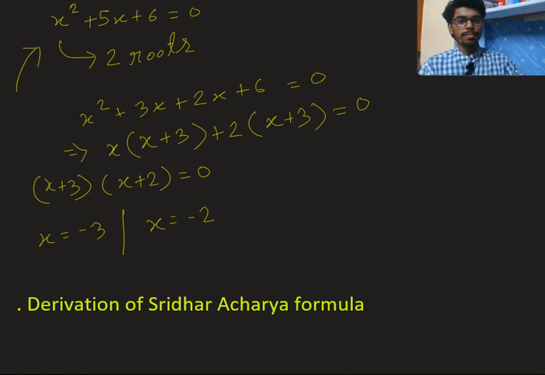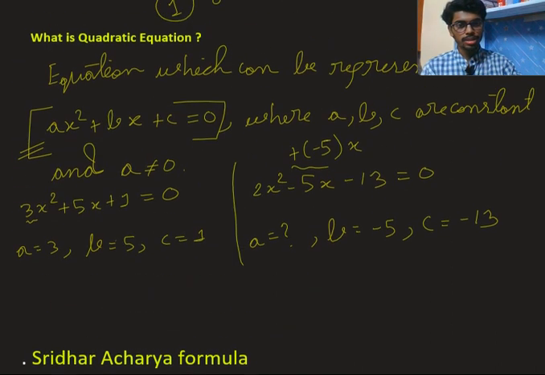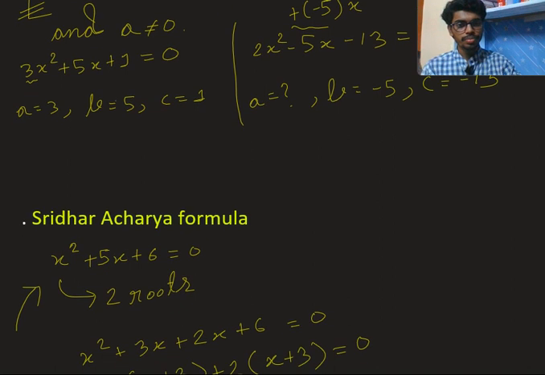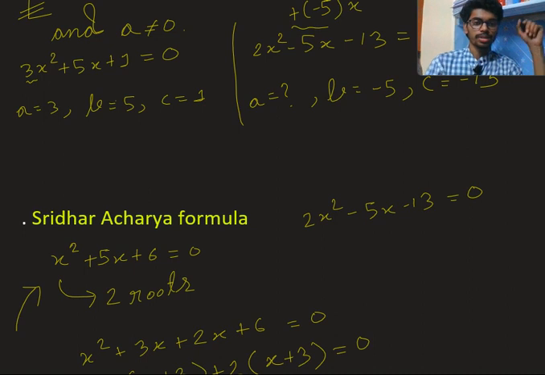Okay, but let me give you another example of a quadratic equation, and I have already done it, that is 2x square minus 5x minus 13. Now try to do the middle term. I think it is not possible to do the middle term.